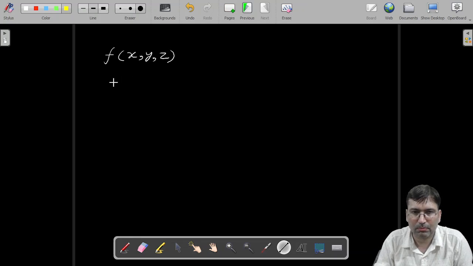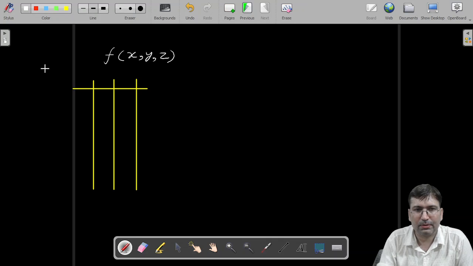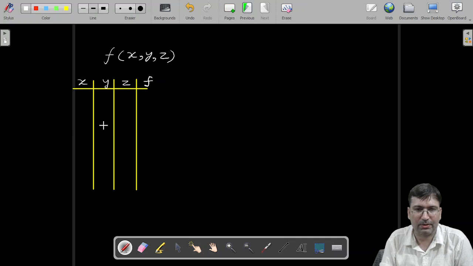So let's say I'm writing the truth table here, and in this truth table there'll be 8 combinations, right? Writing something like this, okay, right? Now fill the values. So this is x, this is y, and this is z, and here you're defining the f function.